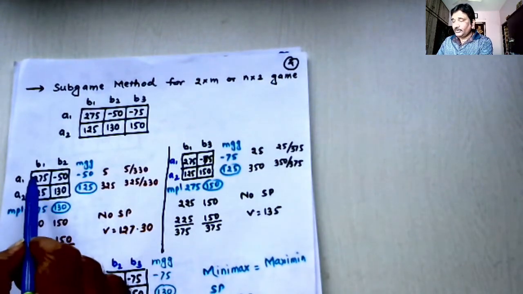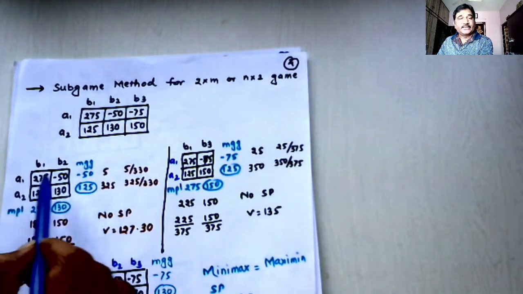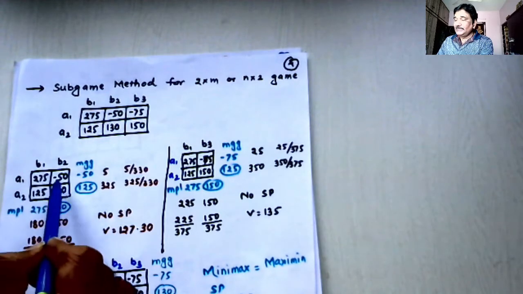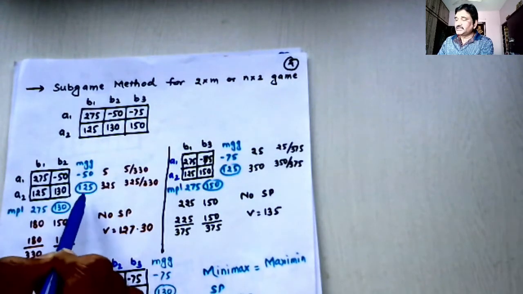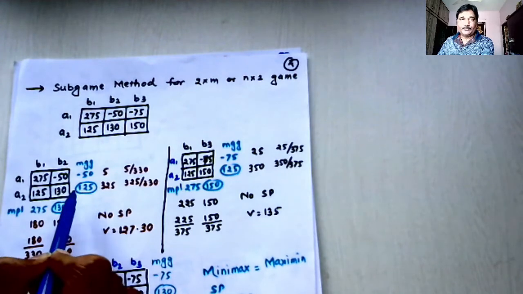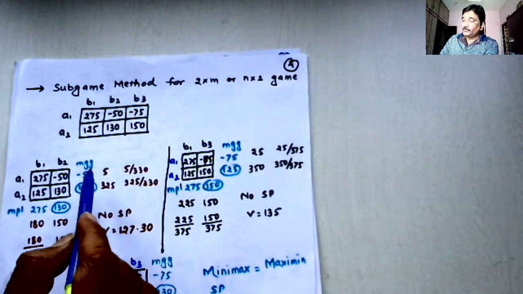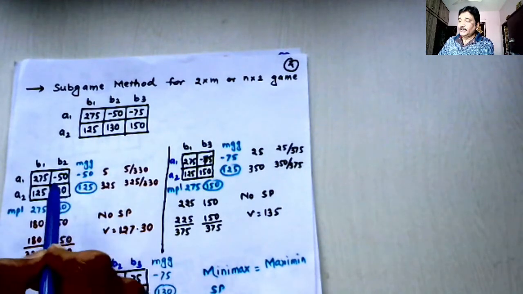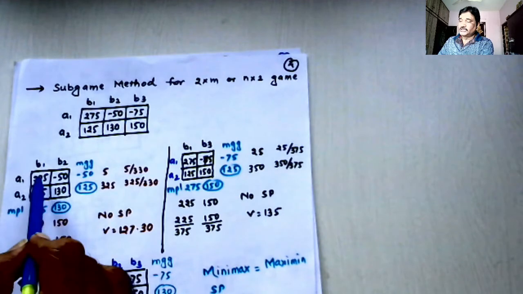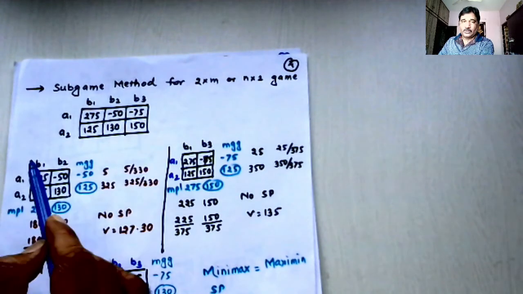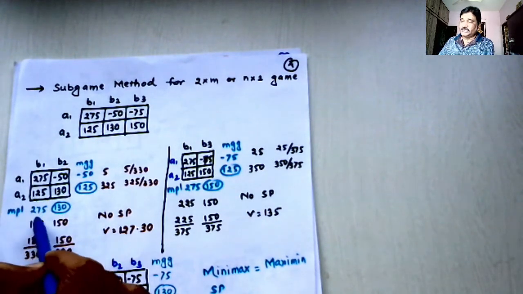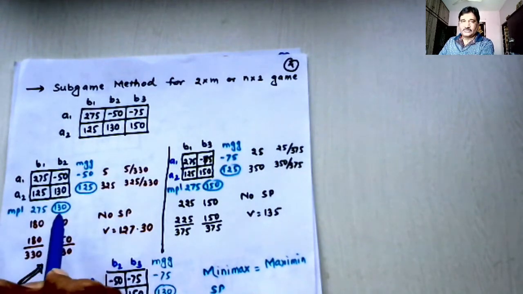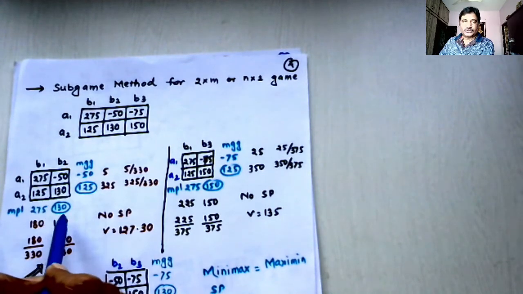So very first step which I'll be performing here is to check whether the game has saddle point. So I'll be finding minimum guaranteed gain for both these rows. MGG I have found: minimum in this row is -50, minimum in the second row is 125. So maximum amongst this minimum guaranteed gain is 125, and for column B1 values are 275, 125, and maximum possible loss there is therefore 275, and for column B2 maximum value is 130 as you see here.